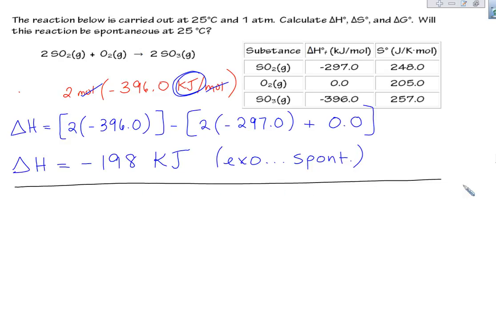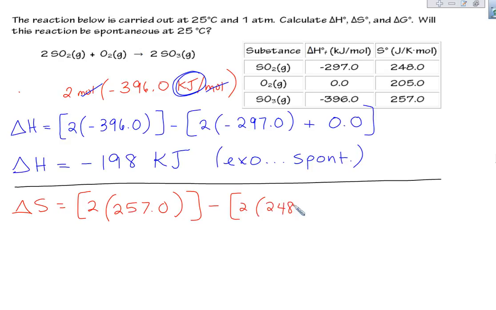Okay, so let's do delta S. My buddy delta S. It's going to be set up the same way. Products, 2 times sulfur trioxide, so that is 257.0. That's my only product. Minus reactants, 2 times sulfur dioxide, 248.0, plus the oxygen.